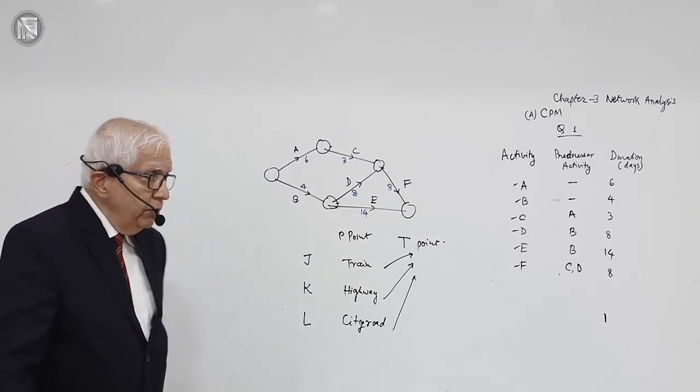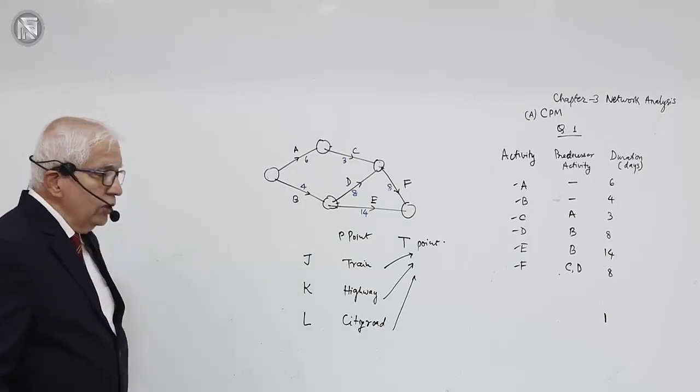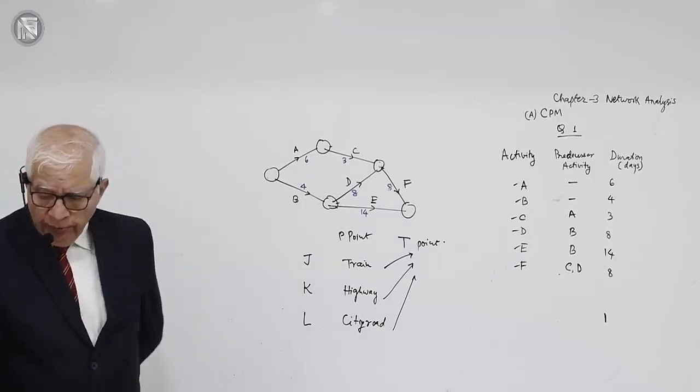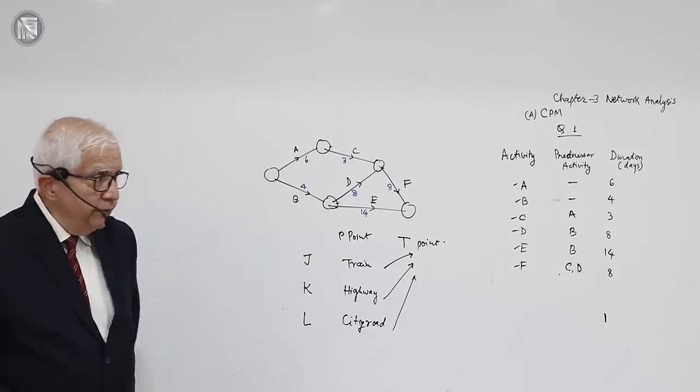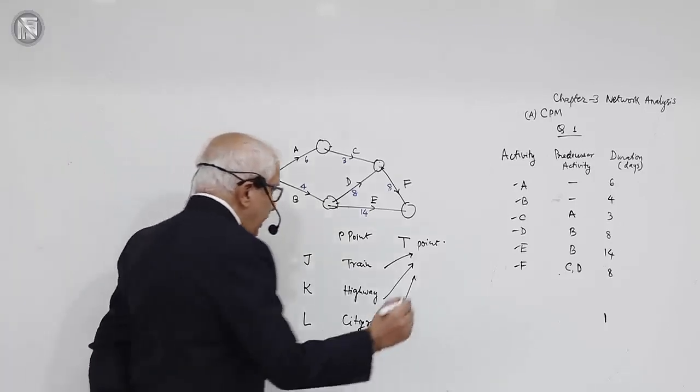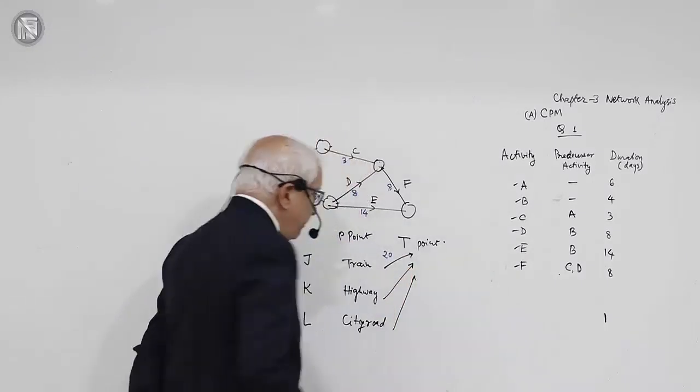Okay. Now, the team called J goes by train, so in all probability, they will be the fastest to reach. Let's say they take 20 minutes to reach here.